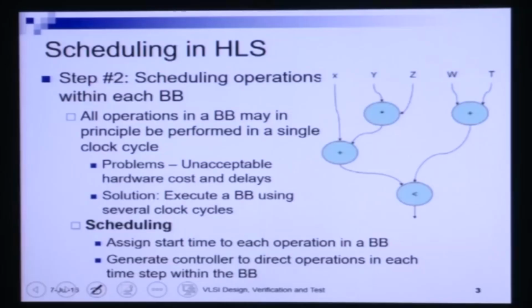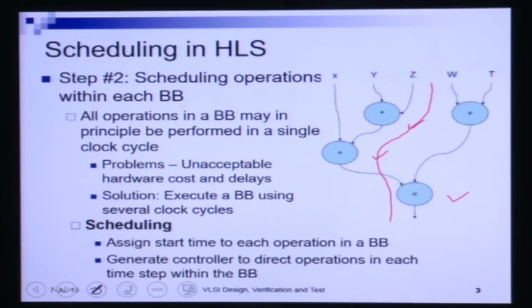So, what do we mean by this? Each of the operations, say this one, this one, this one, each of them has a propagation delay, because it has to be executed through a resource. And what is a critical path? A critical path is the highest weighted path from the source to sink inside a basic block.